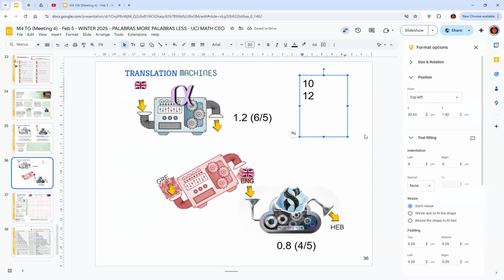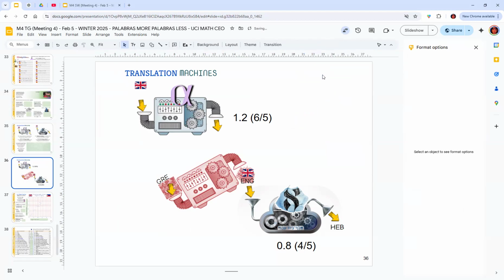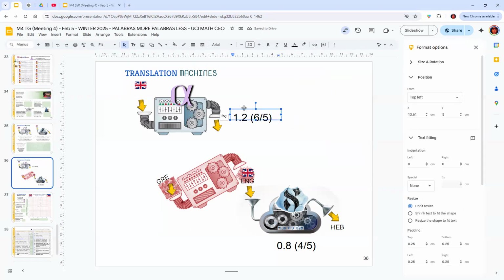If I decrease it by 20%, well, 10% is 1.2, so 20% is 2.4. So I will have to subtract 12 minus 2.4, and that'll be 9.6. So it's not the inverse. The inverse of plus 20% is not minus 20%. So you can discuss that.